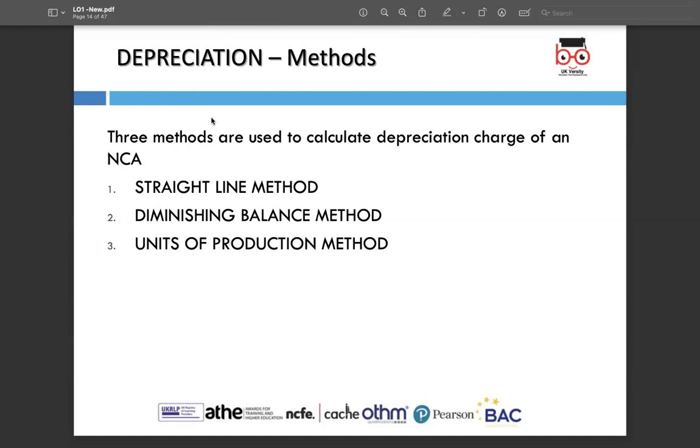The formula calculates depreciation per unit of output, which is then multiplied by the number of units produced or used during the accounting period. So this method is suitable for assets like machinery or vehicles whose wear and tear correlates directly with production levels.